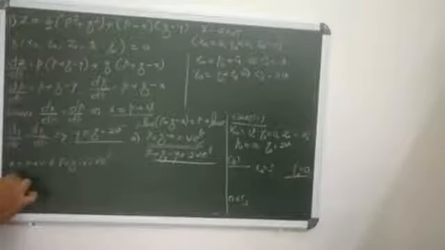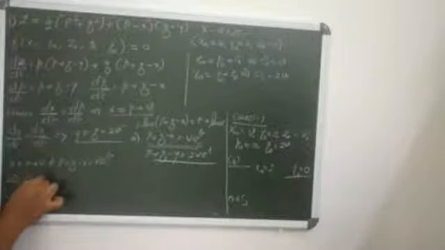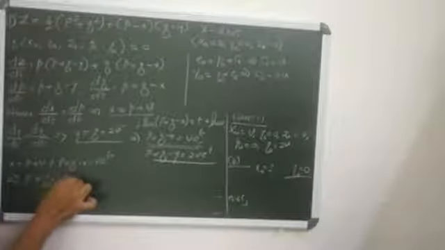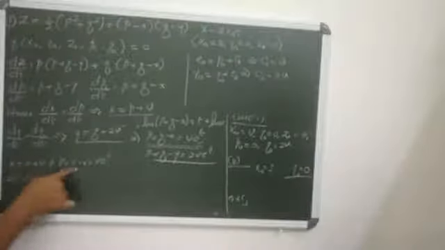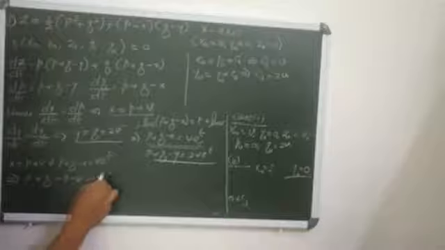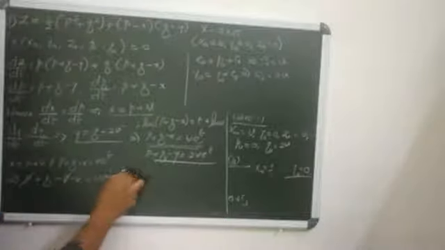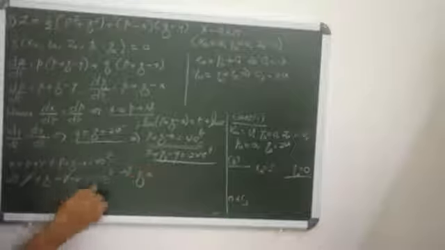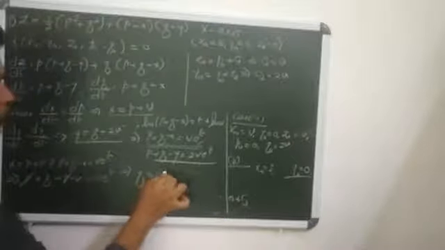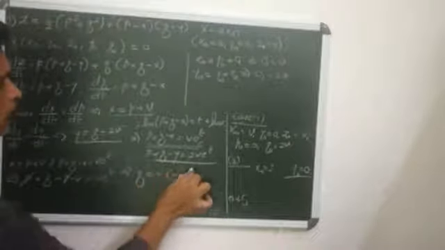So from here we have p plus q minus p minus v equals v e power t, because x is p plus v. So that means q equals v plus v e power t, so it is v into e power t plus 1.